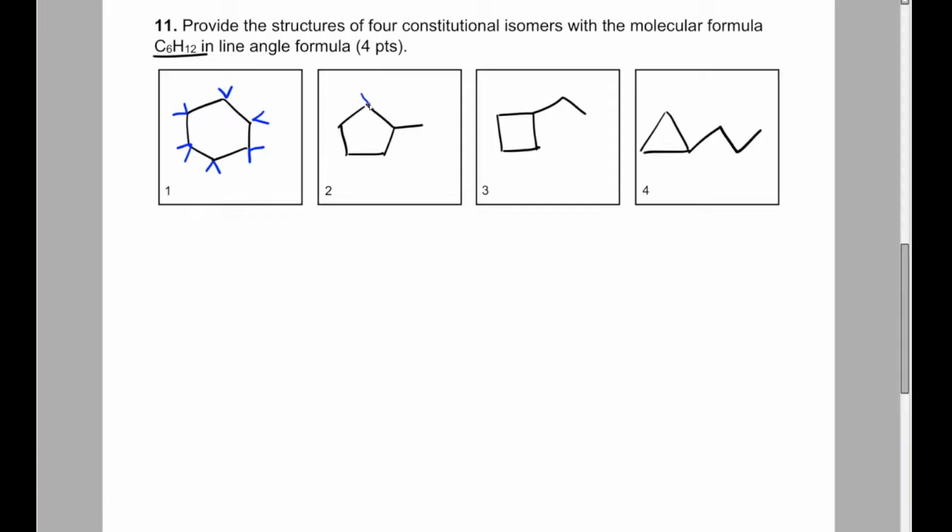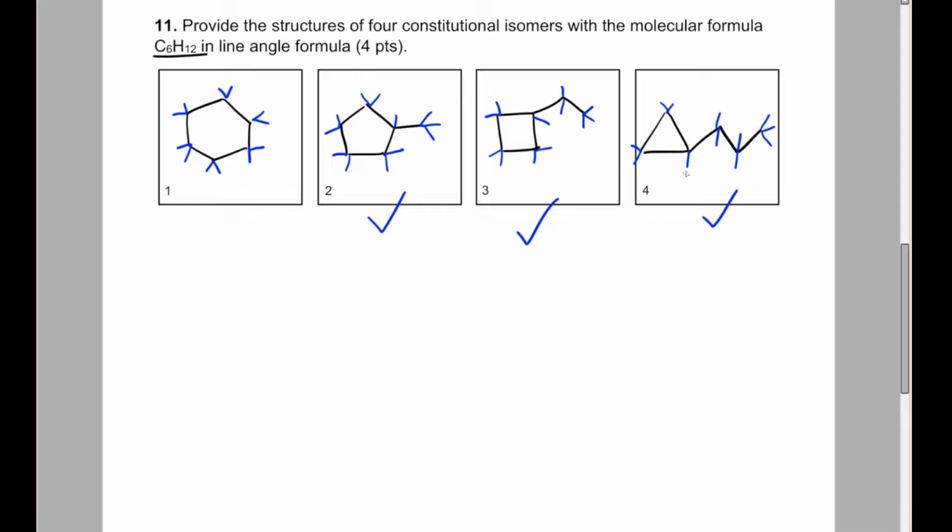So this is 1, 2, 3, 4, 5, 6, 7, 8, 9, 10, 11, 12. So this is right. For the cyclobutane, 1, 2, 3, 4, 5, 6, 7, 8, 9, 10, 11, 12. So this would also be right. And then for the cyclopropane, 1, 2, 3, 4, 5, 6, 7, 8, 9, 10, 11, 12.